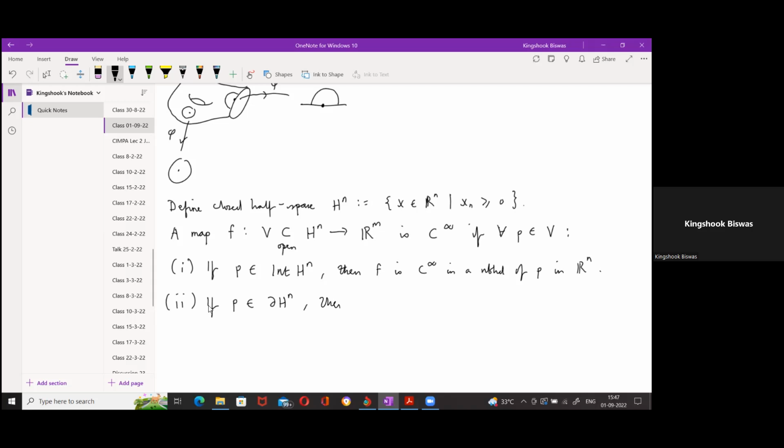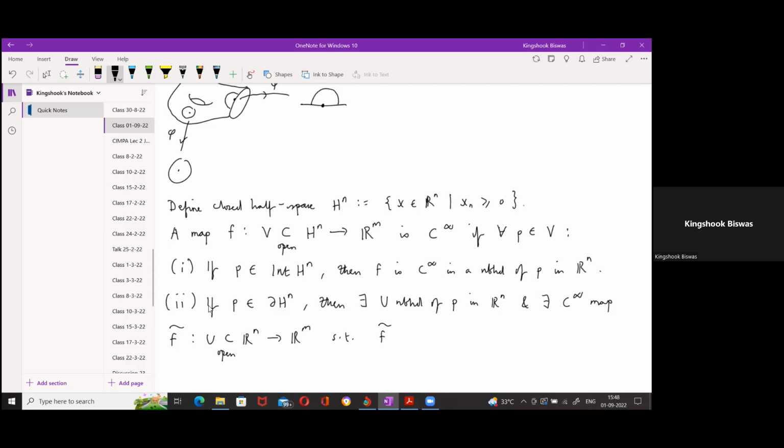then what we want is that there exists a neighborhood U of p in R^n, where U is open, and there exists a C infinity map f tilde from U in R^n to R^m, such that this is an extension of f.